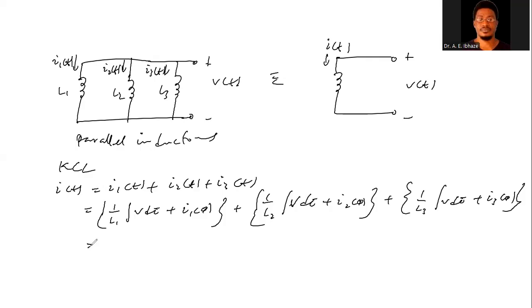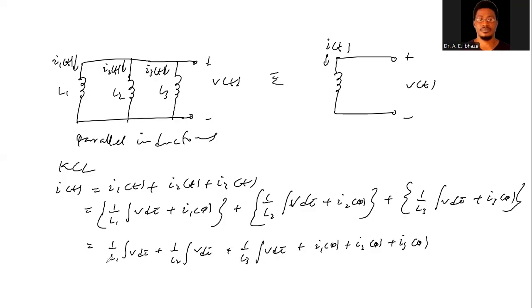So here, collect like terms: 1 over L1 integral V d tau plus 1 over L2 integral V d tau plus 1 over L3 integral V d tau, as many elements as we have, then plus I1 of 0 plus I2 of 0, which are the initial values at t equal to 0, plus I3 of 0, all the way.